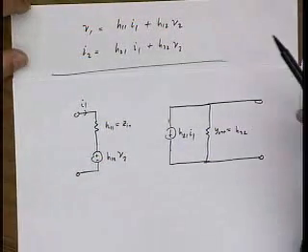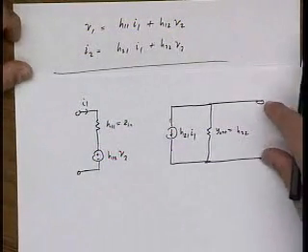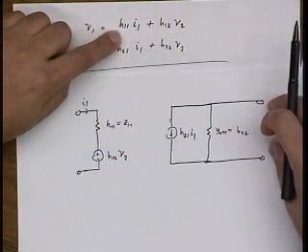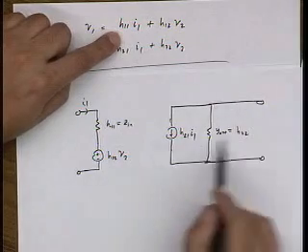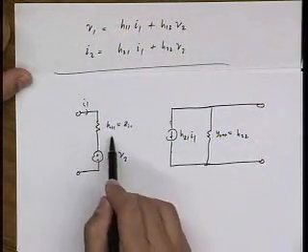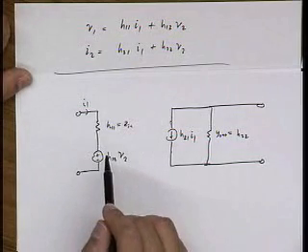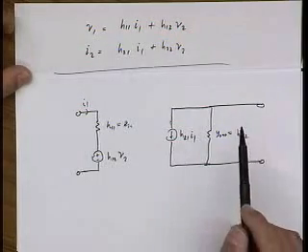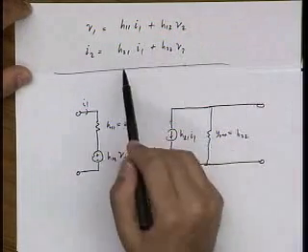If I short V2, if I short this terminal, then V1 over I1 is just H11. As V2 is shorted, this term goes away, and the input is just determined by H11, which is the input impedance. So the first equation is satisfied, or let's say the first term here. Let's look at this term.